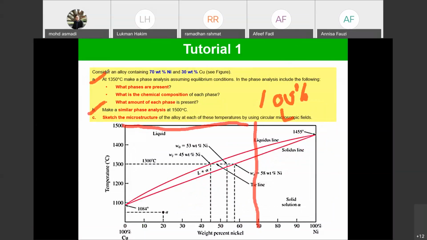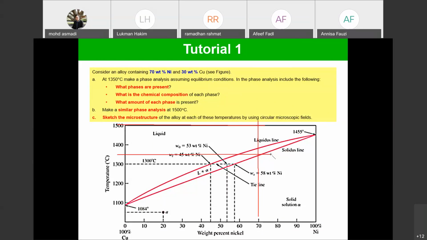A was already answered, right? And then for C, this one, 70% and then 1,500, as well as 1,350. How do you sketch the microstructure? If you look here, I just make an oval shape.